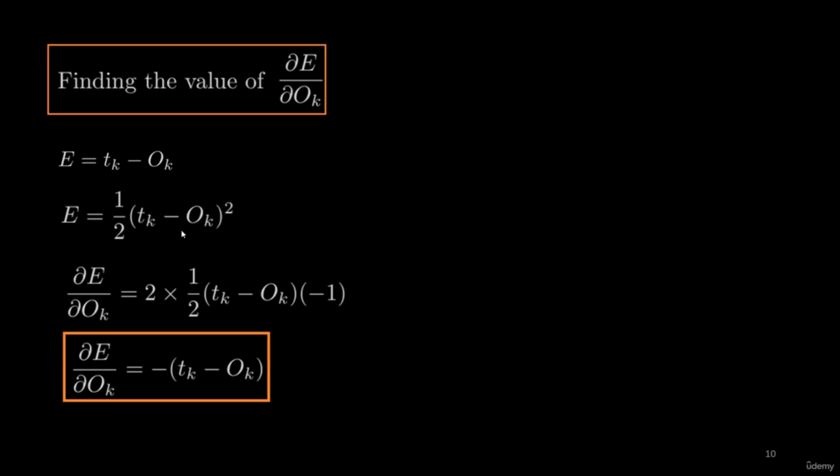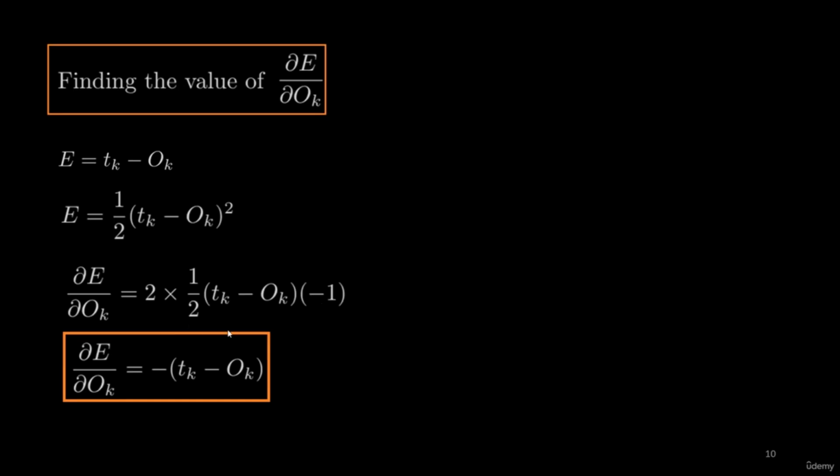So 2 tk minus ok, then according to the chain rule, we have to find the derivative of this bracket as well. Since we are differentiating with respect to OK, therefore the derivative of tk is 0 and the derivative of OK is 1. So if I take the derivative of this bracket, it will be 0 minus 1. So 0 minus 1 will be minus 1 only.